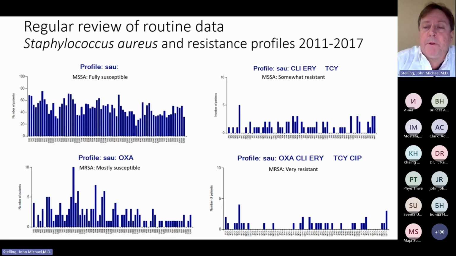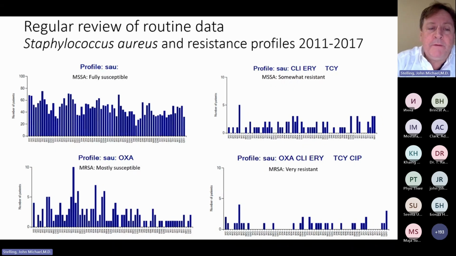This is another example of what is possible with routine data review. These are monthly data of Staphylococcus aureus in a hospital, where simply we are presenting the number of patients with Staphylococcus aureus with different resistance profiles.